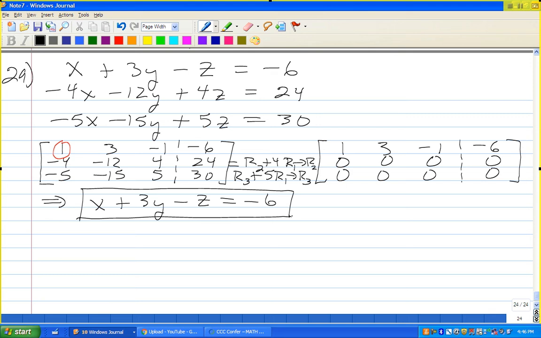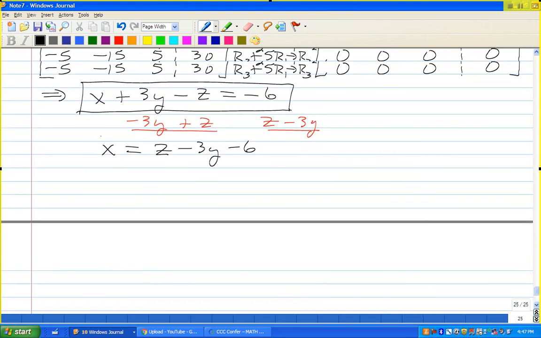The solution is, well, I can write everything in terms of y and z. And so this just says that if I subtract 3y and add z, this just says that x is equal to z minus 3y minus 6.